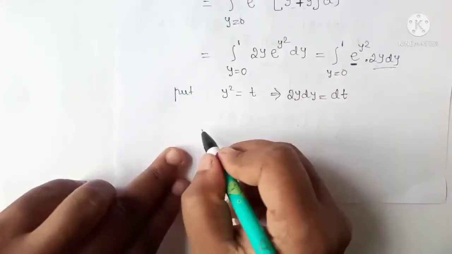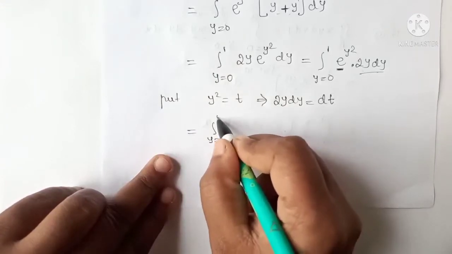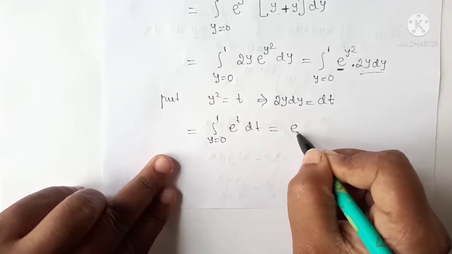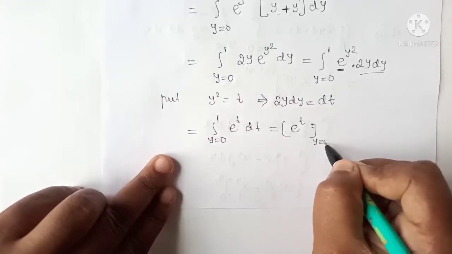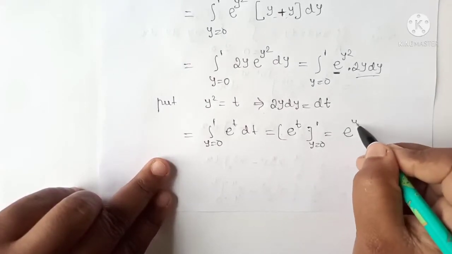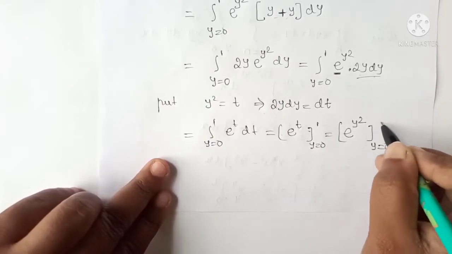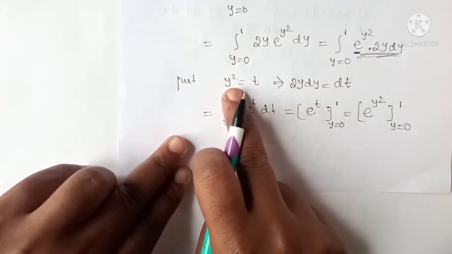Therefore this integral becomes the integral from 0 to 1 of e power t dt. Integrating, we get e power t. Then we have to substitute the t value, it is e power y square, for y from 0 to 1. For integration we have put y square equals t.